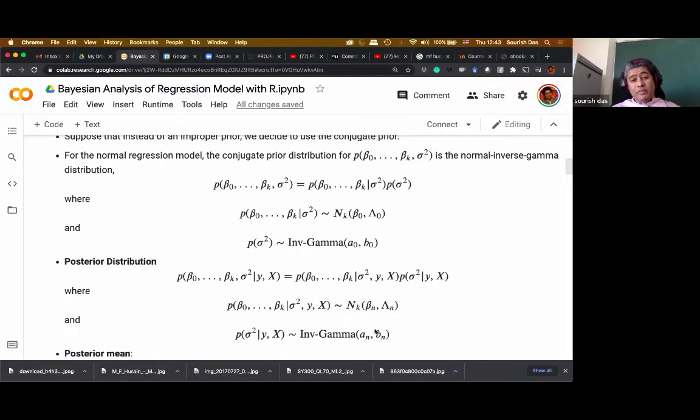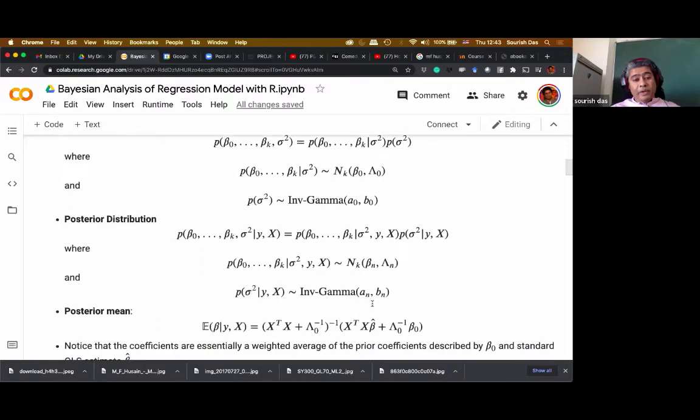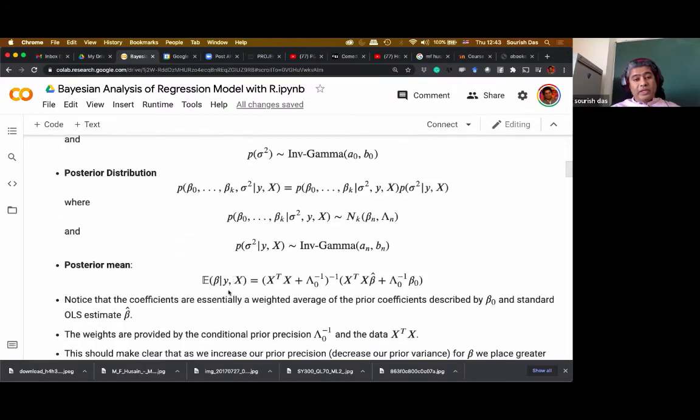Now what is posterior mean? That is beta n, which I'm writing here as expected value of beta given y, x. It is x transpose x plus lambda naught inverse, inverse, times x transpose x beta hat plus lambda 0 inverse beta 0.